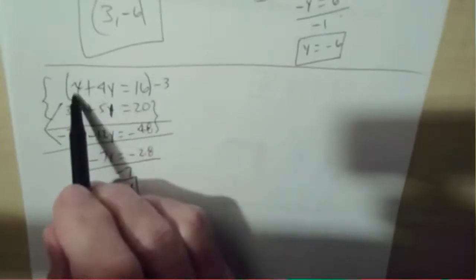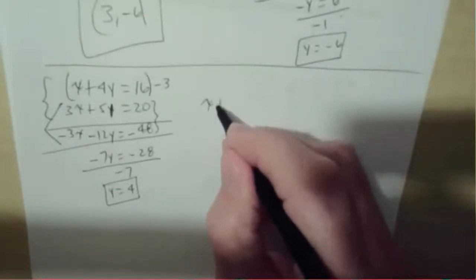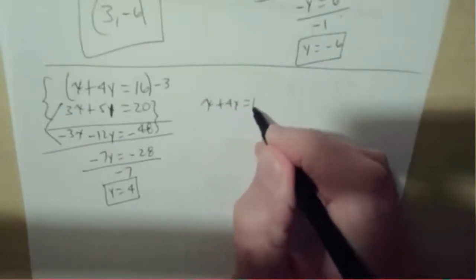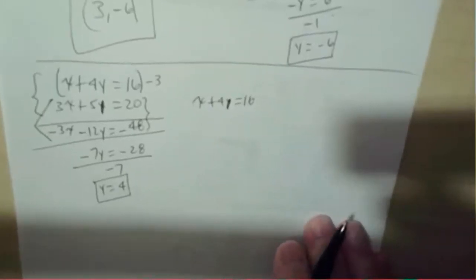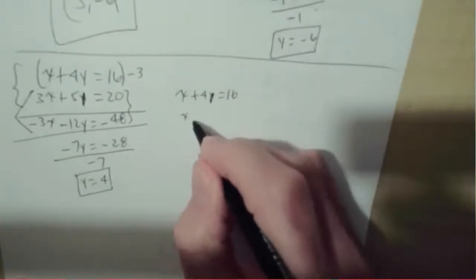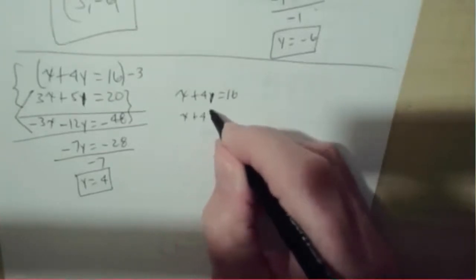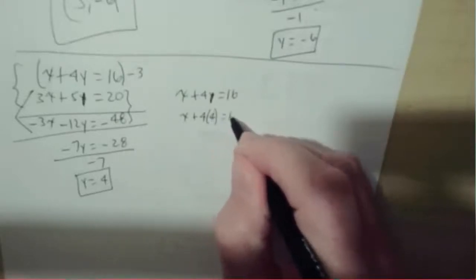Let's use the top one, the original one, x plus 4y equals 16. Okay, so x plus 4 times y, now we know that y is 4, equals 16.